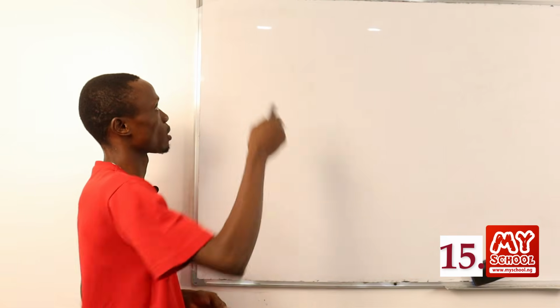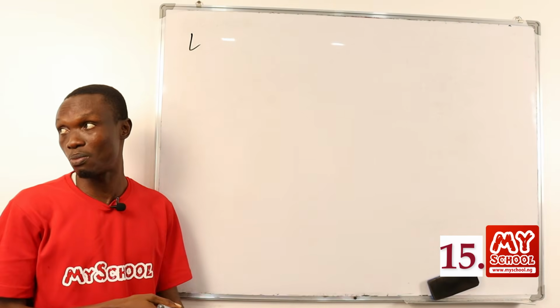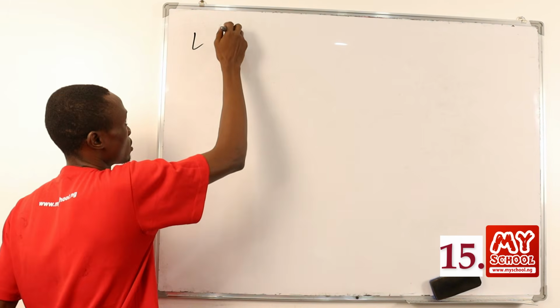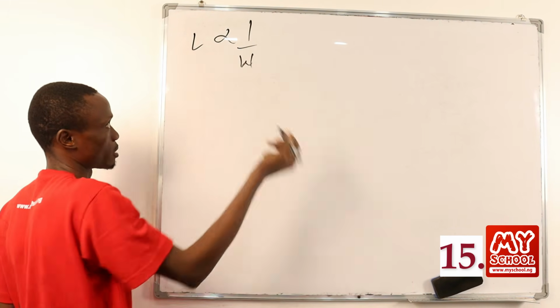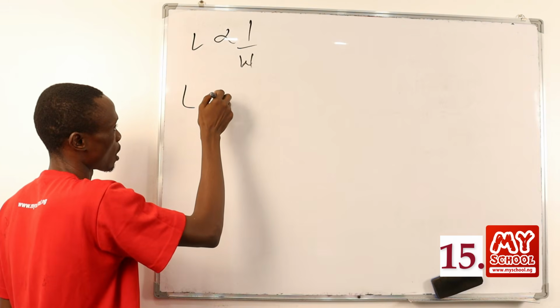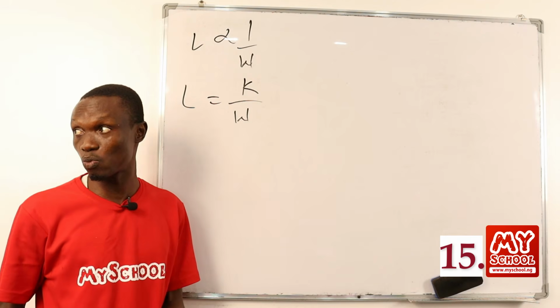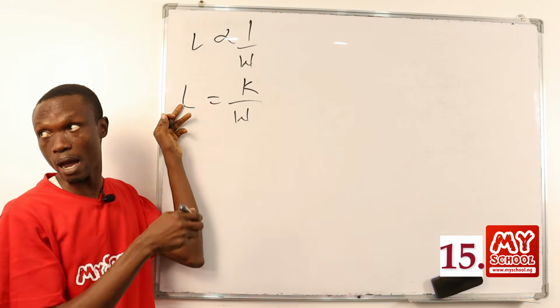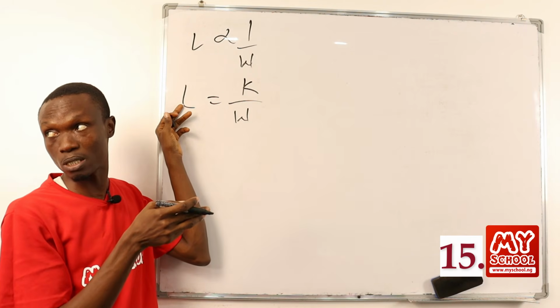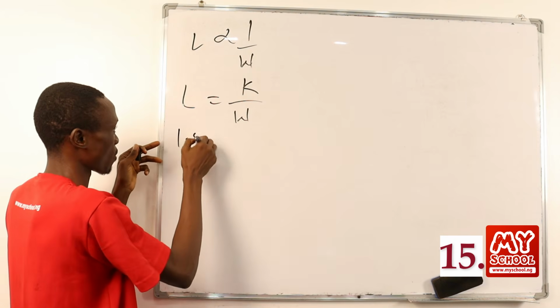So in this question, we are having the length a person can jump being inversely proportional to his weight. So we'll be having something like this, right? So we need to introduce our constant, which is the constant of proportionality that they said we should find, right? So the height a person can jump to, the length a person can jump to is given as 1.5.